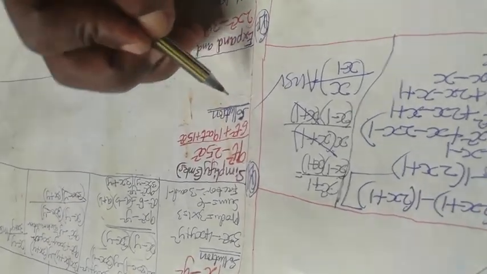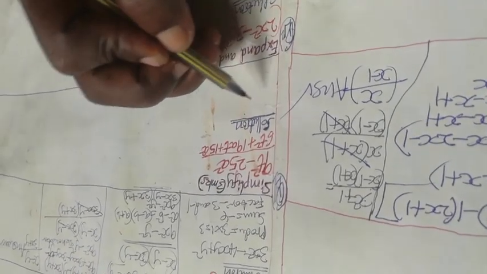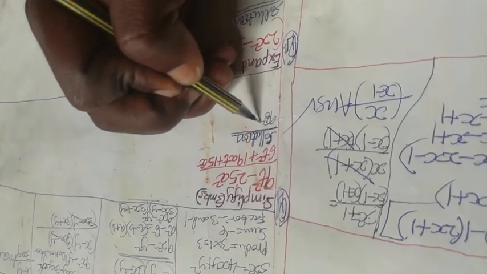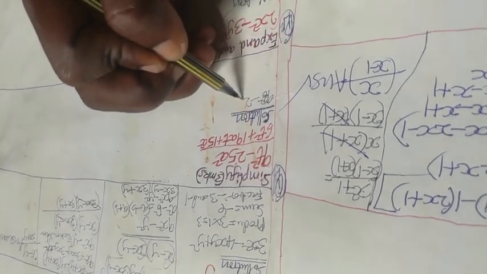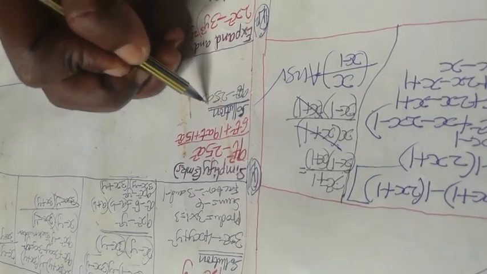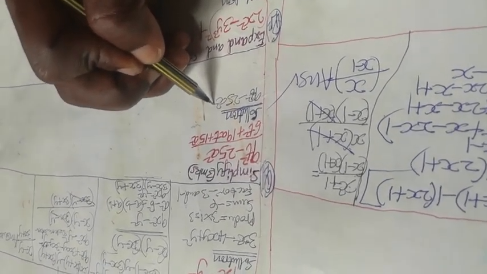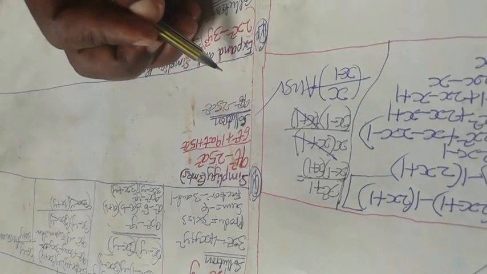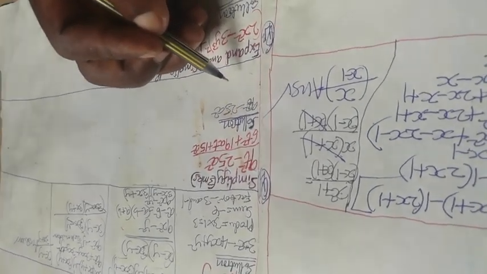For this question, our numerator is 9t squared minus 25a squared. This is a difference of two squares.